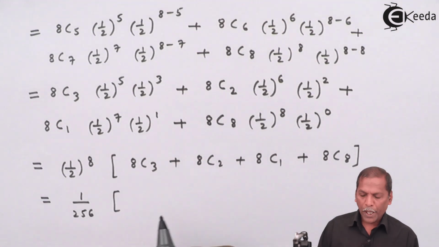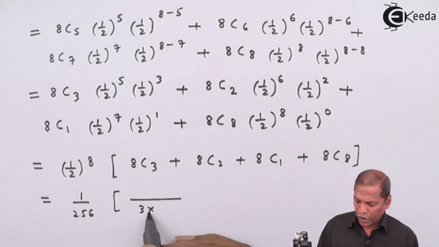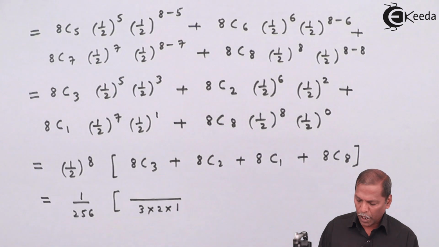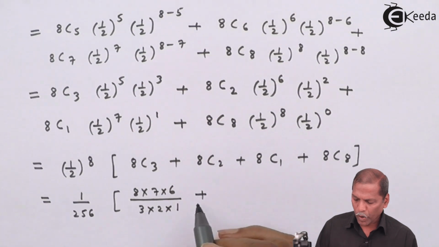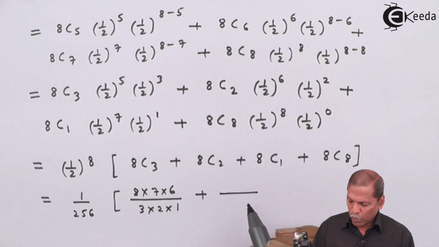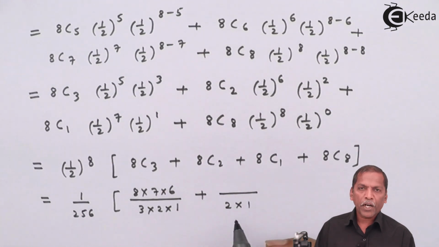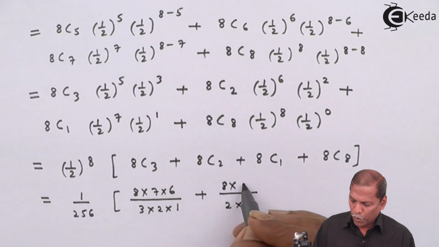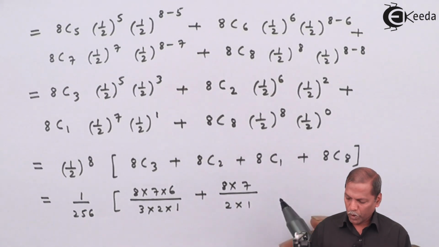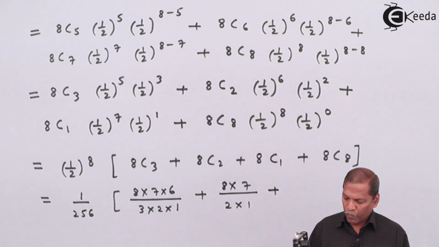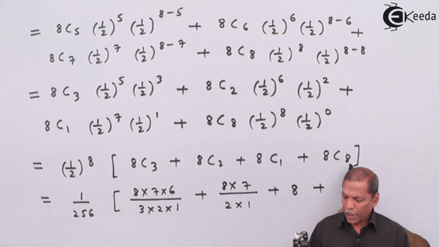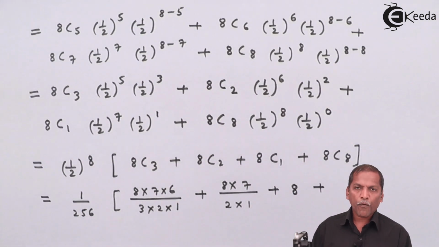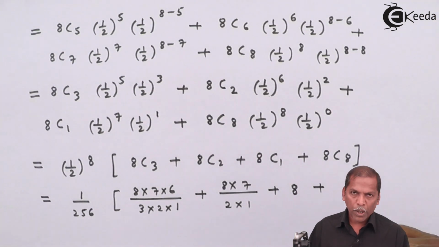Then in the bracket 8C3 can be written as 3 into 2 into 1 in the denominator, and in the numerator we have 8 into 7 into 6, plus. Now 8C2 can be written as 2 into 1 in the denominator and 8 into 7 in the numerator, plus 8C1 can be written as simply 8, plus. Now 8C8, both numbers are the same, then in case of combination the answer is 1, since nCn is equal to 1.